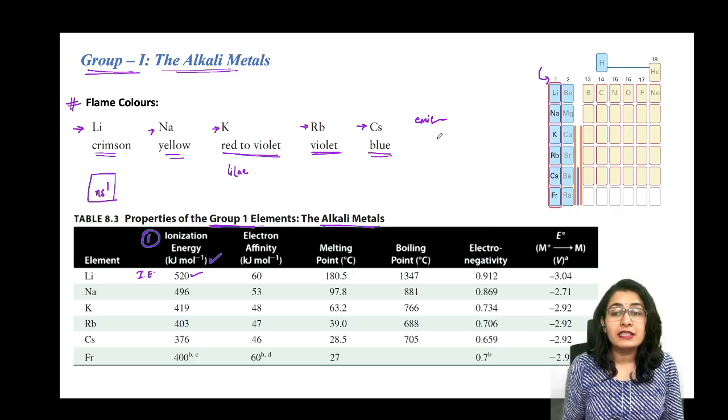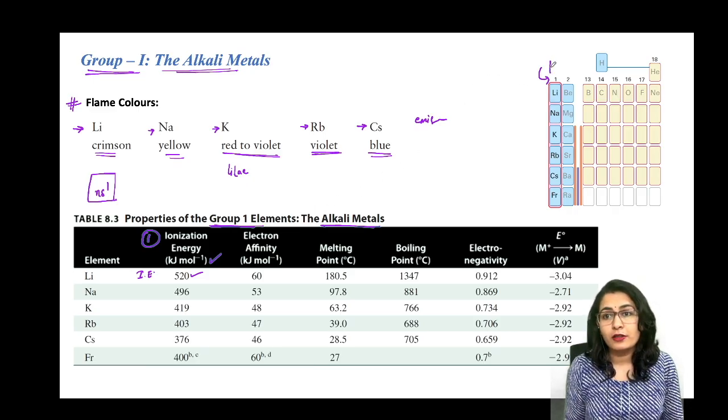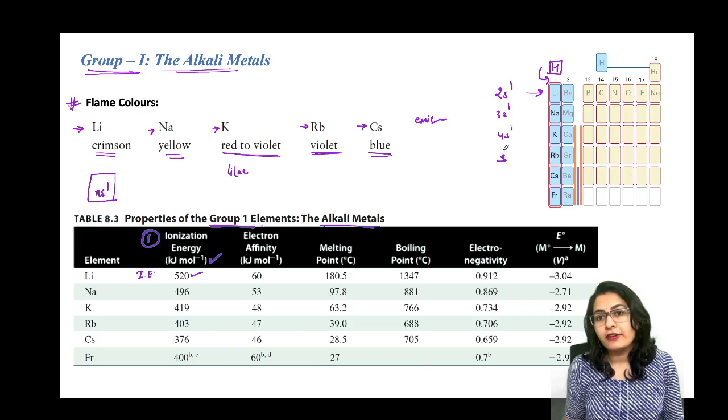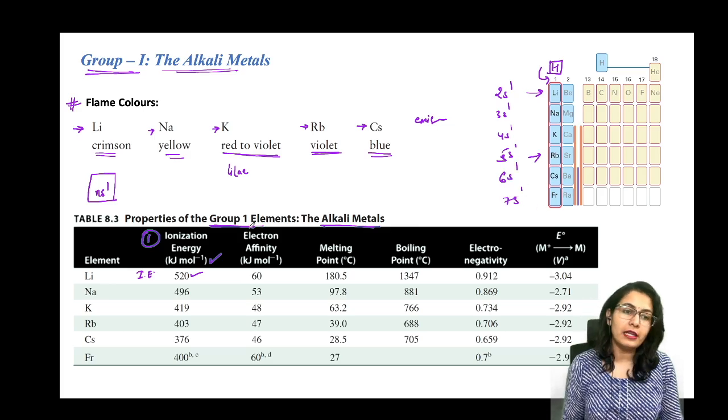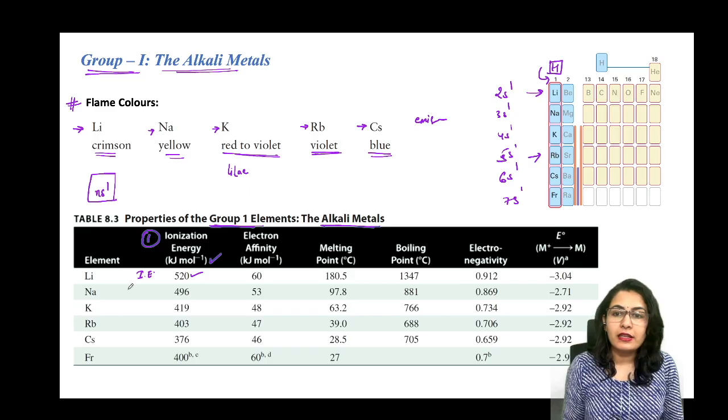For lithium, since it is in the second period, because what is above it? Hydrogen. So for this one, we are going to have 2s1, then 3s1, 4s1, 5s1 for rubidium. For cesium, it's going to be 6s1, 7s1 for francium, right? So for lithium, it is going to be 2s1.